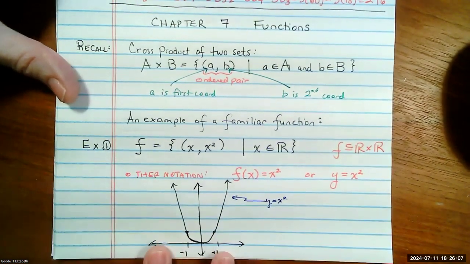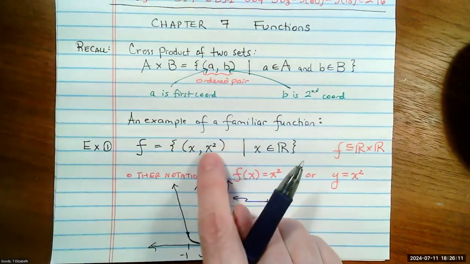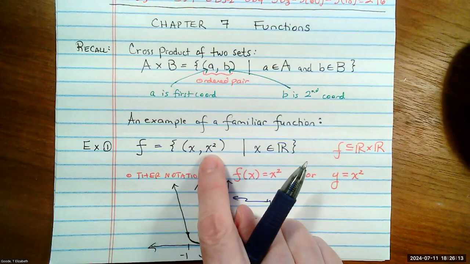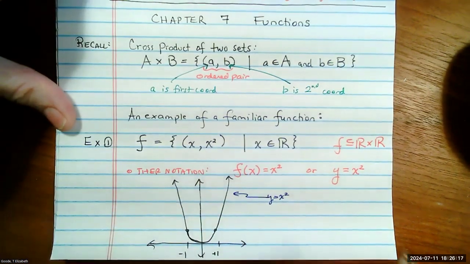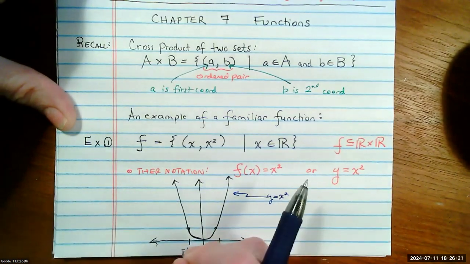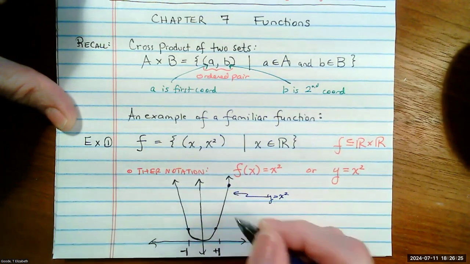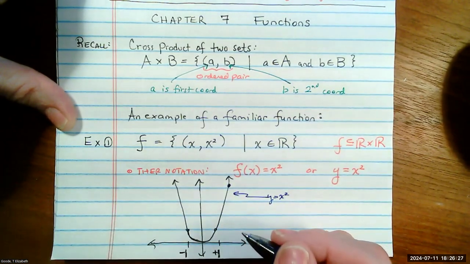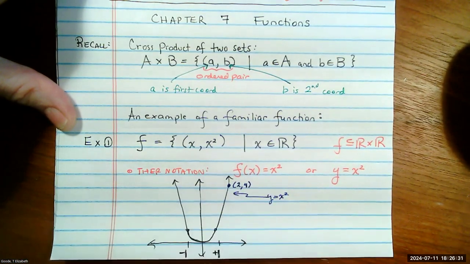Okay. But this is the notation that is more common for this course, because it's a discrete math course. So we like to think about the points on this curve as ordered pairs, like the point 2, comma 4.